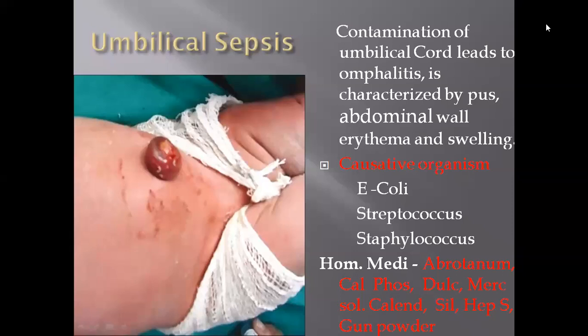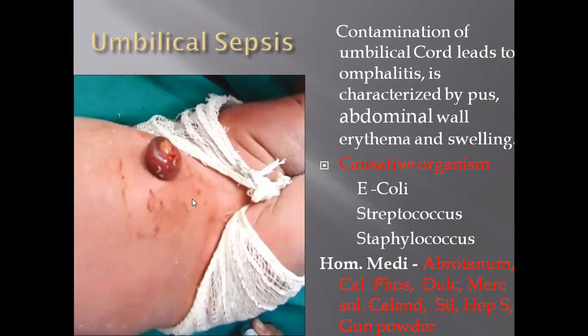And this umbilical sepsis occurs due to contamination of the umbilical cord, which leads to omphalitis, and in some cases, in the abdominal wall you will get erythema and swelling, along with umbilical cord inflammation, redness, swelling, or septic condition.